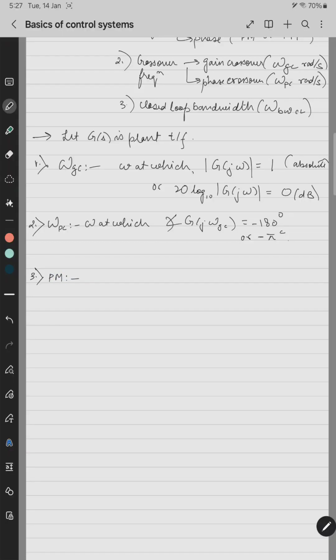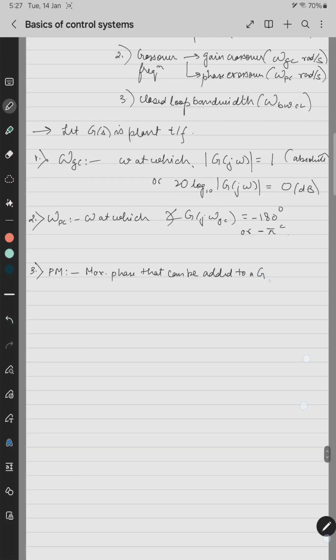The phase margin is basically defined as the maximum phase that can be added to G of j omega so that GCL of S, the equivalent or closed loop transfer function, is stable.